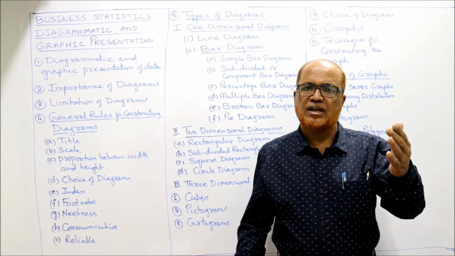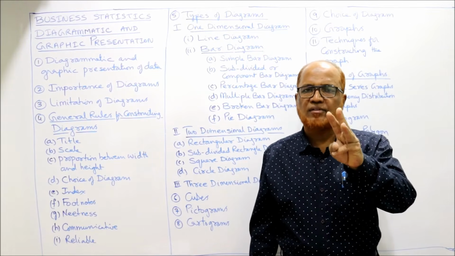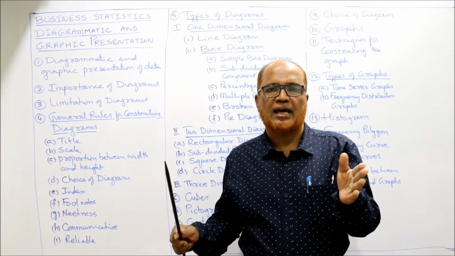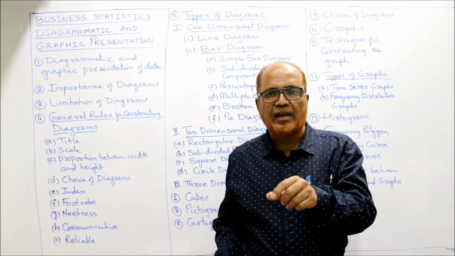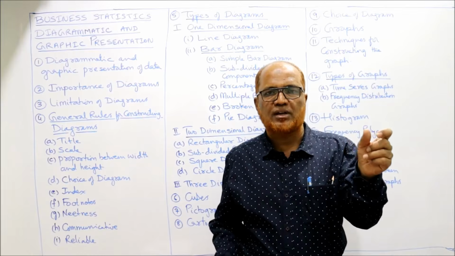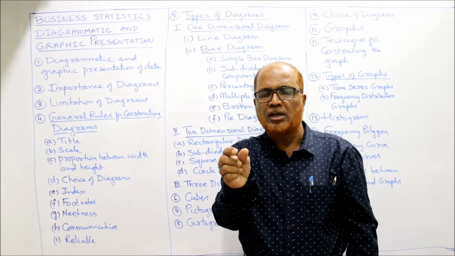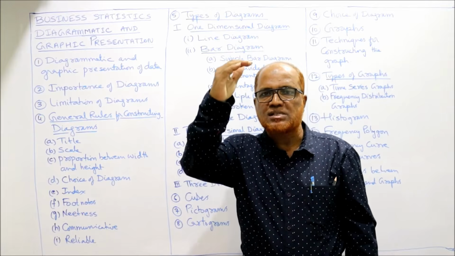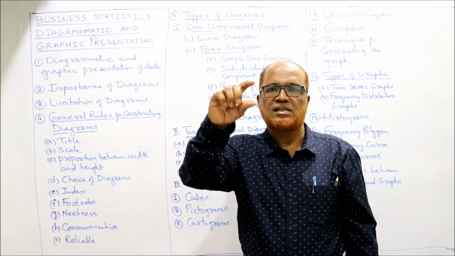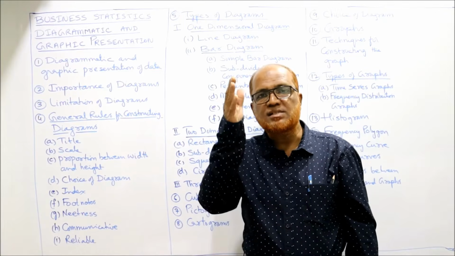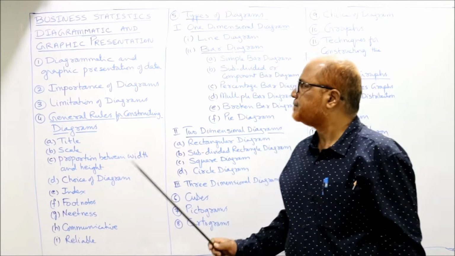So we are taking the year on the x-axis and the 3 values of sales, gross profit, net profit on the y-axis. One bar will be drawn, and in that bar it is subdivided: how much are the sales, how much is the gross profit, how much is the net profit. This is called subdivided bar diagram.